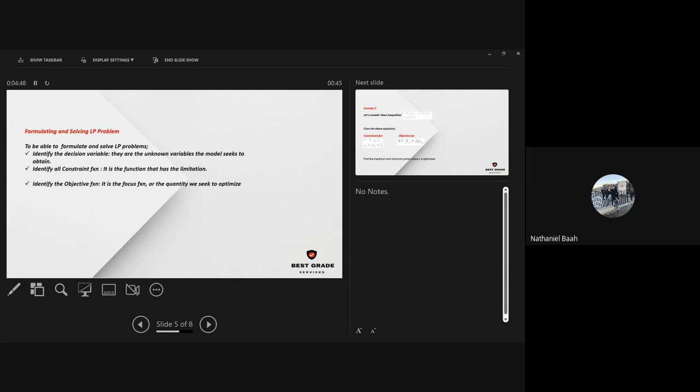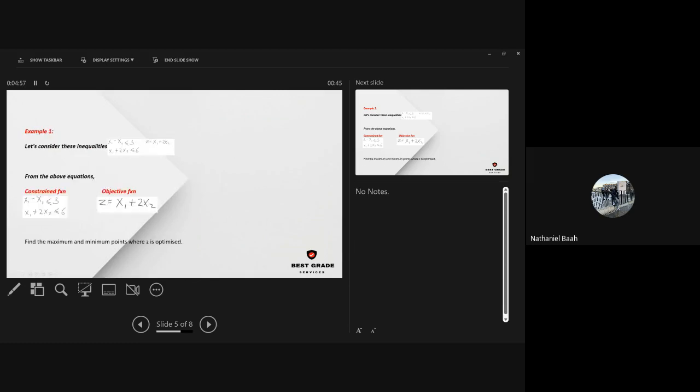Great. So we have to be able to identify the unknown variables. That is what we term the decision variables. Looking at these inequalities, when I take my equation 1, x1 minus x2 less than or equal to 3, the unknown variables in this very first equation are what? x1 and x2.